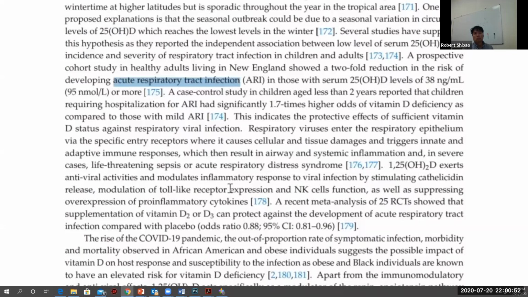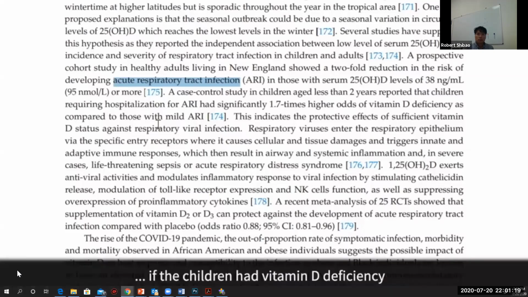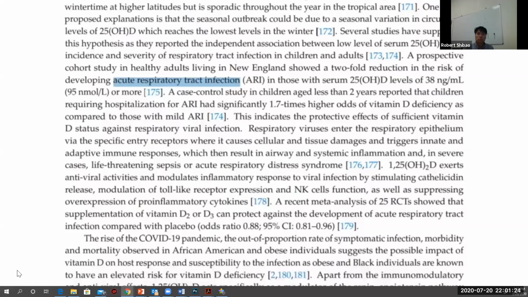COVID is an acute respiratory tract infection. Now, it wasn't there as part of those acute respiratory tract infections, but it belongs to that group of acute respiratory tract infections. And we see prospectively that a higher vitamin D level is protective from those. Children that were aged 2 years and less were 1.7 times higher likelihood of requiring hospitalization for an acute respiratory tract infection.